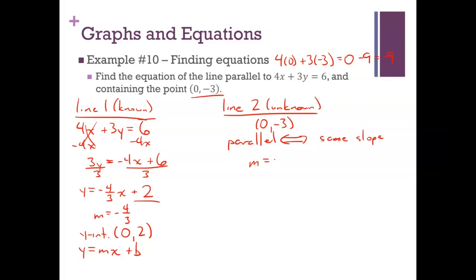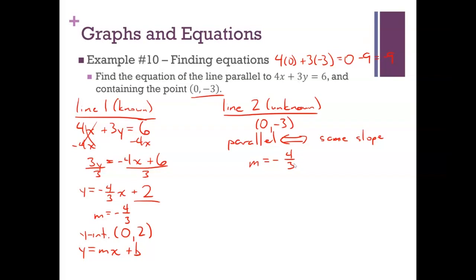It has to be the same. The slope of this line is also -4/3. Does that y-intercept of (0, 2) tell us anything about the other line? It's on the x-axis. Well, it's on the y-axis. It's on the y-axis of line 1.